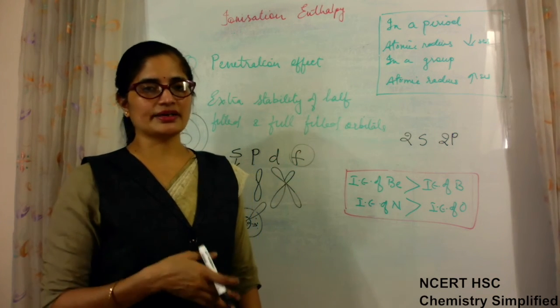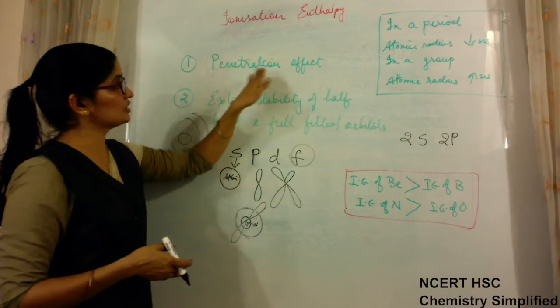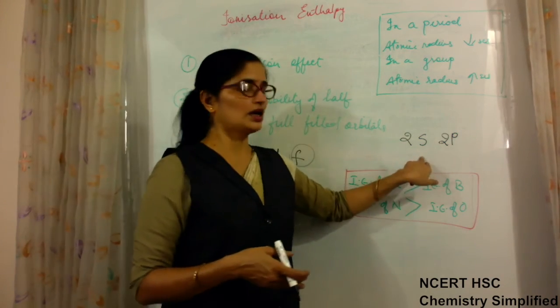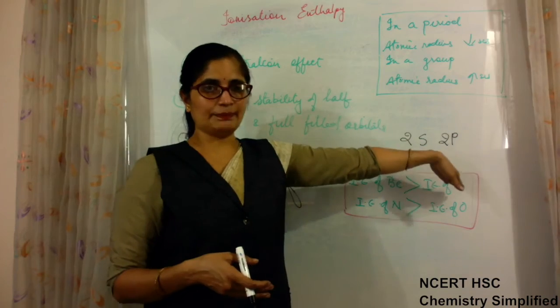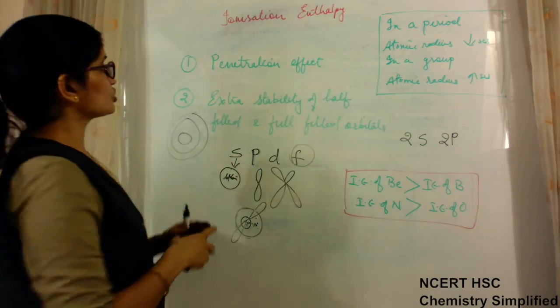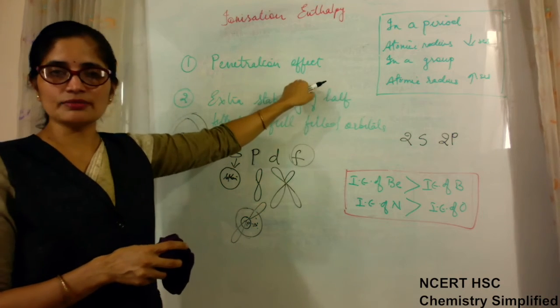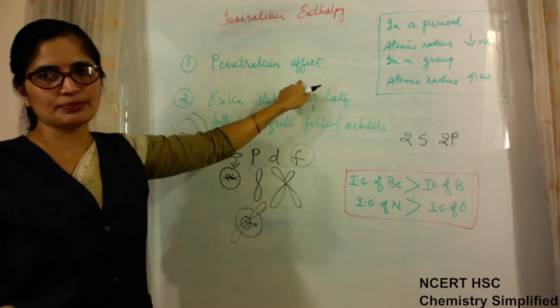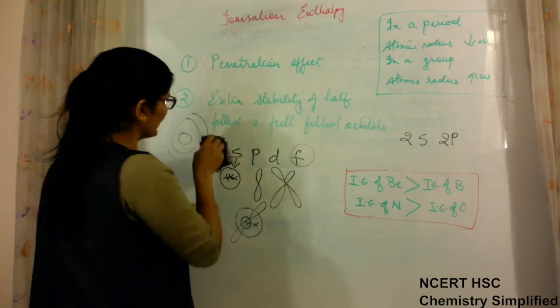This is its penetration effect. So the penetration effect of s is highest, then p, then d, and then f. Because of the penetration effect factor, there will be a change in this property.